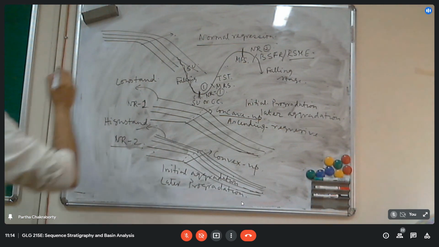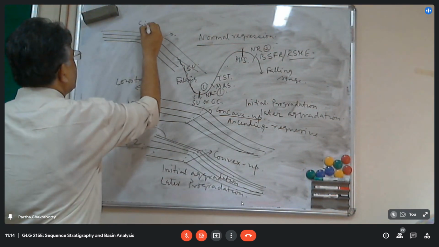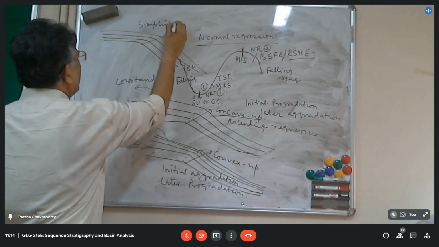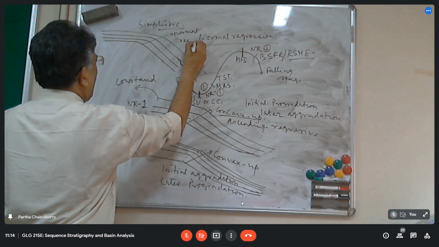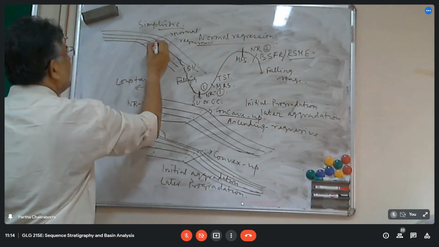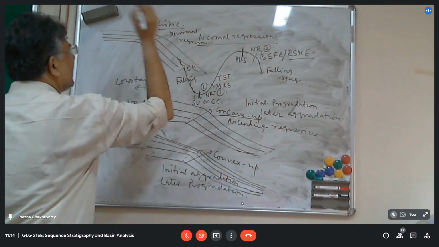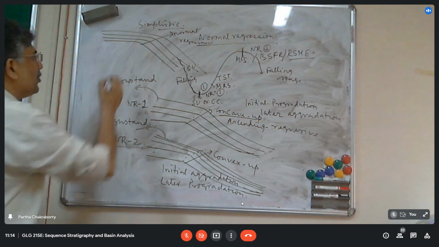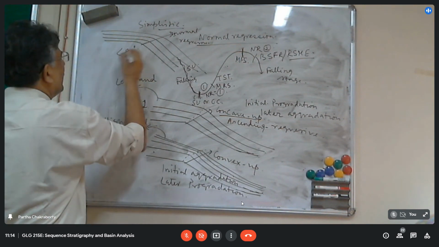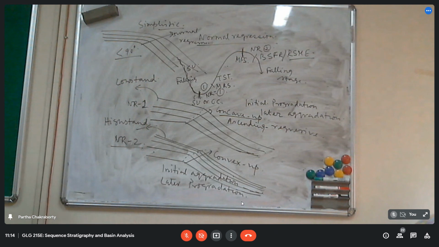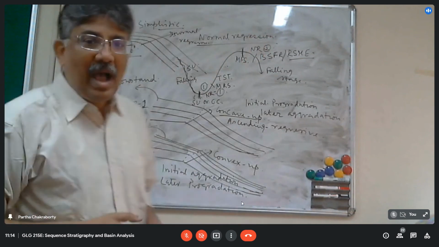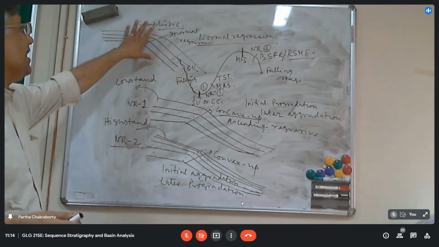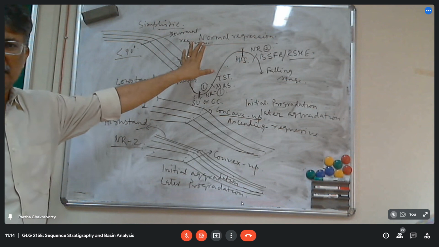This is a very simplistic normal regression, where it is a regression with an ascending regressive trend, and that trend will be less than 90 degrees. Now I am dividing that very simplistic normal regressive trend.